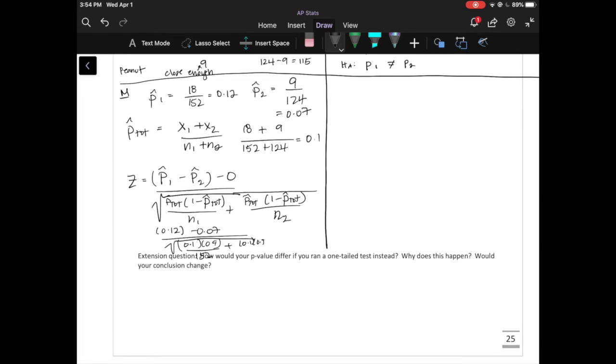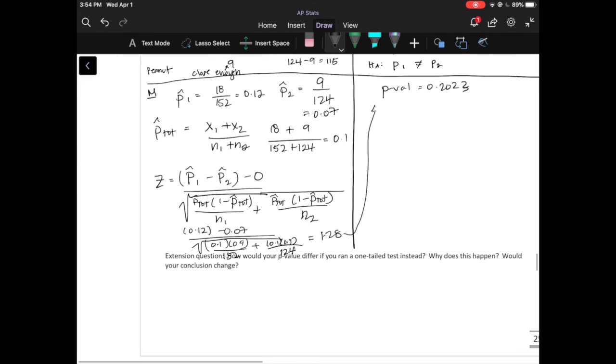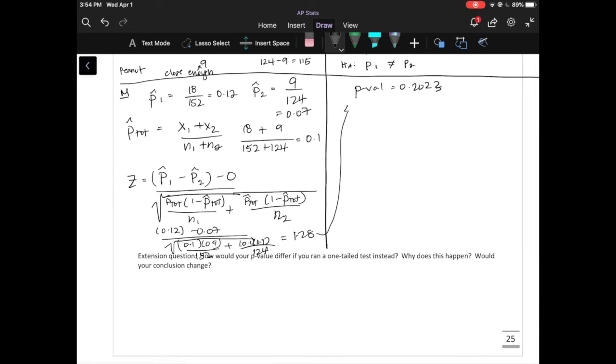I'm sorry that this is cutting off because there's a lot, I needed a lot of space, and I get my z-score to be 1.28, okay? So this means that my p-value, and I'm going to write my p-value up here because I'm running out of room, is about 0.2023, okay? And remember that because we're doing not equal to, we're shading both sides.